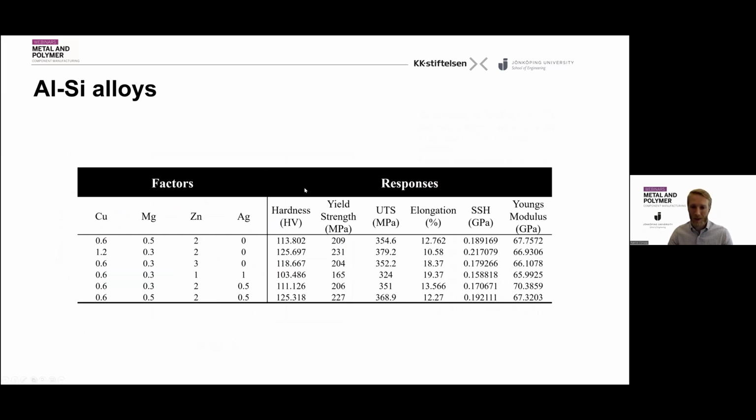For reference, we are most interested in hardness, yield strength, and elongation, because if we can get a nice balance between those properties, we're going to have a nice alloy that's both formable, processable, but also strong enough and useful for the applications that our partners need it for.